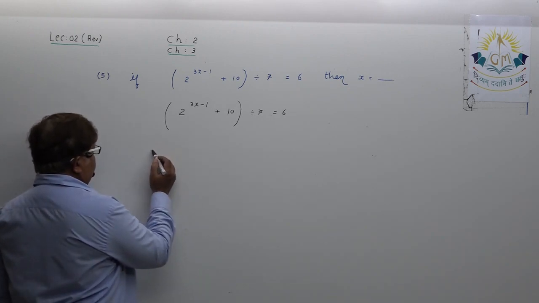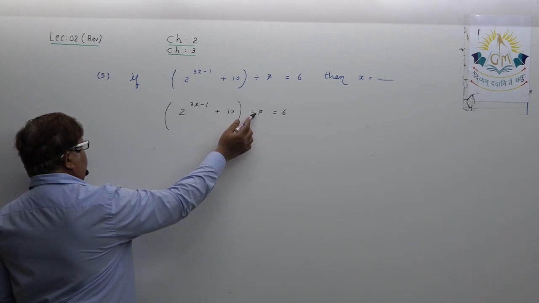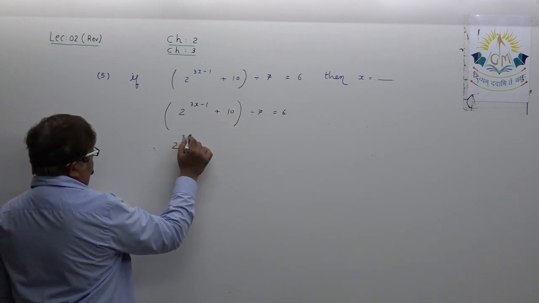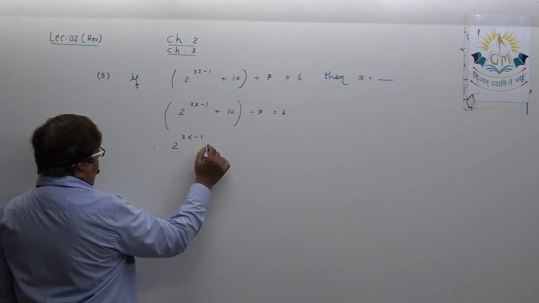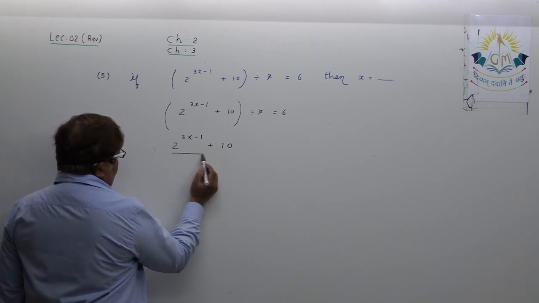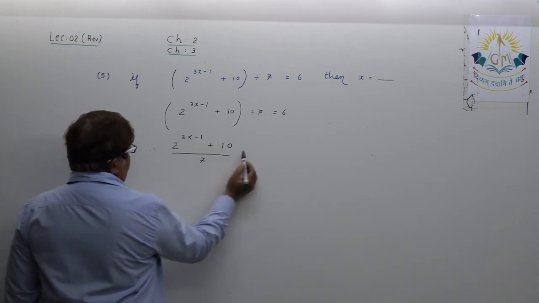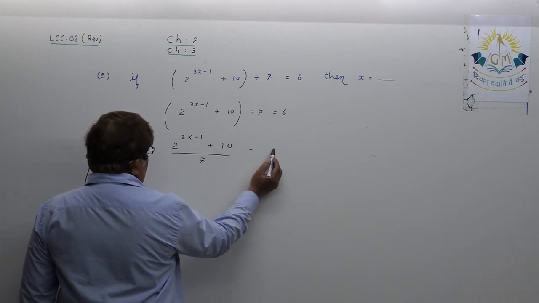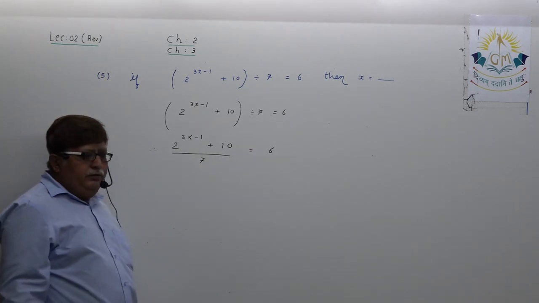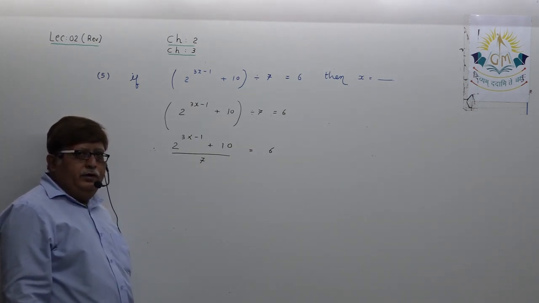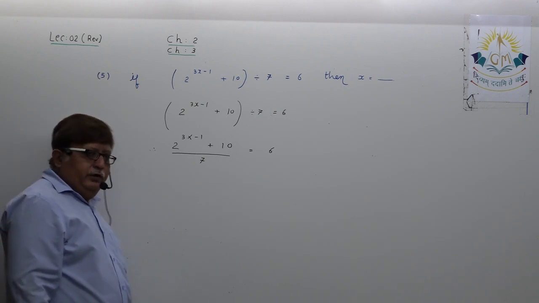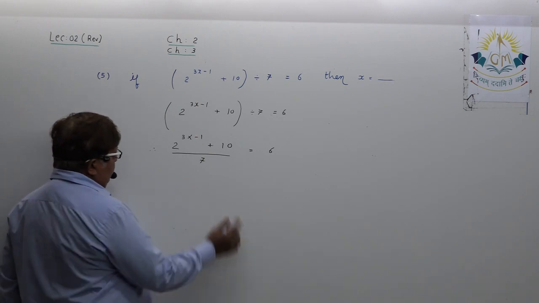Next step would be to transfer the term in division here. So you will write it this way: 2 raised to 3x minus 1 plus 10 upon 7 equals to 6. Verify each and every step we are putting forward here, so that you may be able to solve such examples very easily.